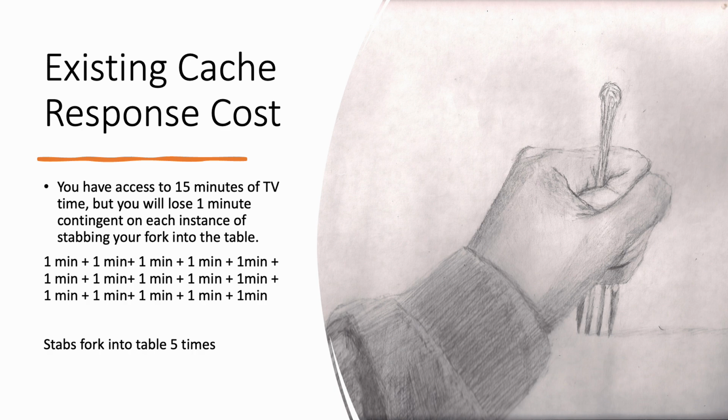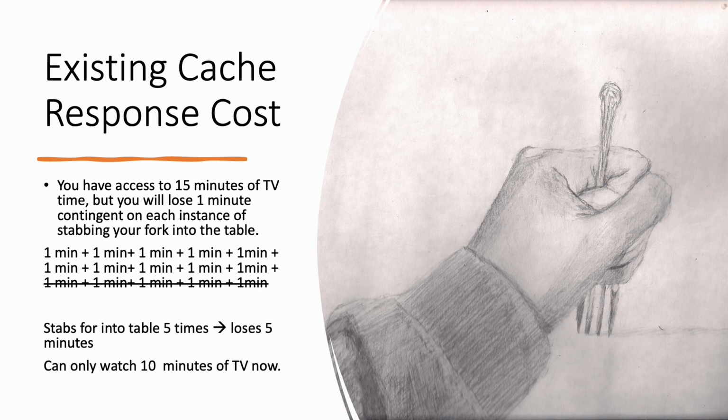Okay, so let's look at what that would look like. If my son were to engage in 5 instances of fork stabbing on the table, then as soon as each instance occurs, I'm going to remove 1 minute of TV time. He stabs the fork on the table, I remove 1 minute.